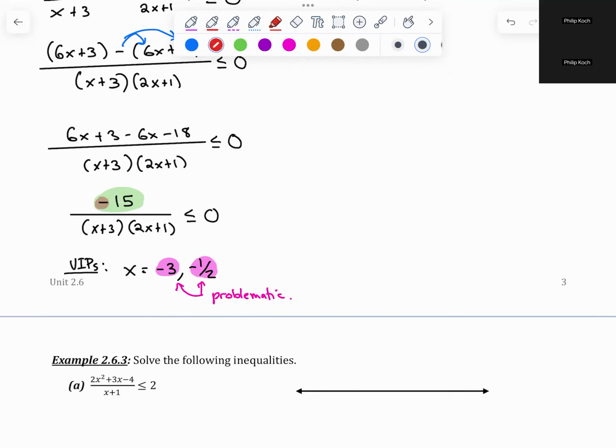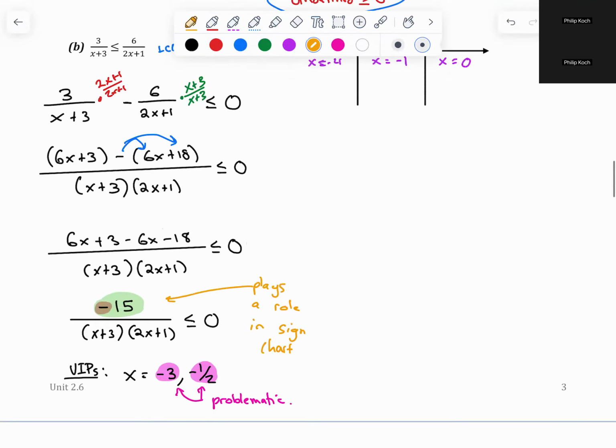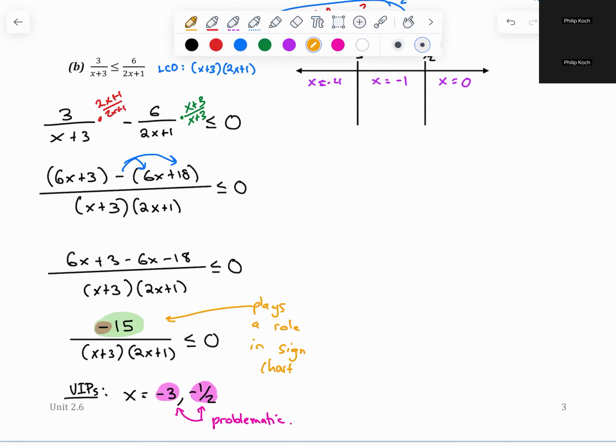Specifically, this plays a role in the sign chart. So I know that negative 15 is always going to show up, so I'm going to put a negative sign in the numerator each time. If it was a positive number, we just write a positive. But that negative number, remember, the number of negatives in a product or quotient will help decide the sign.